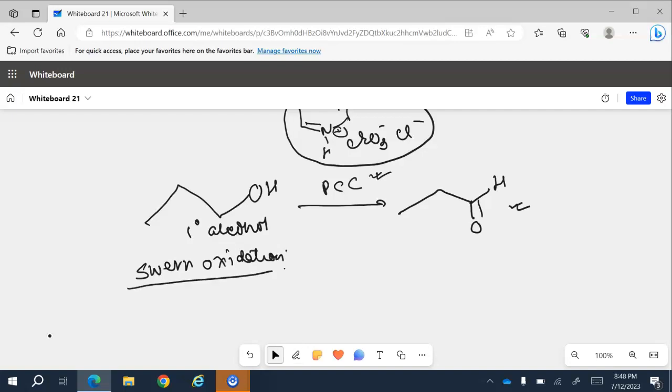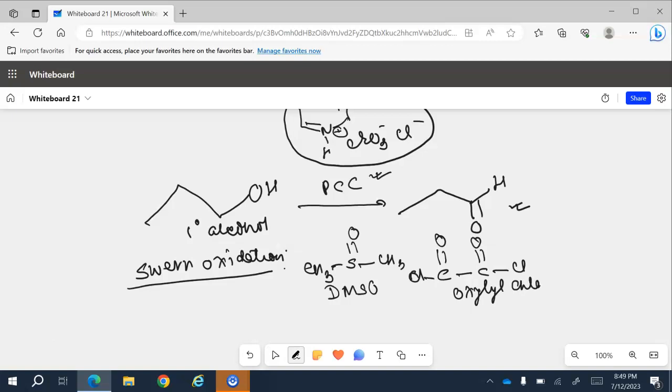And in this case, the reagent that we need to memorize here is DMSO, dimethyl sulfoxide, DMSO, in presence of oxalyl chloride, or C double bond O, C double bond O Cl, that is what we call oxalyl chloride.